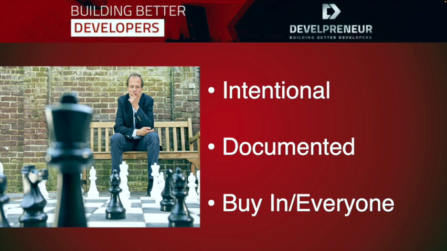You also need to have buy-in from your developers. It doesn't mean they have to be part of the design of it, but when you push that forward, when you document it and say, this is our programming standard, this is how we do version control, there should be something that keeps people accountable.